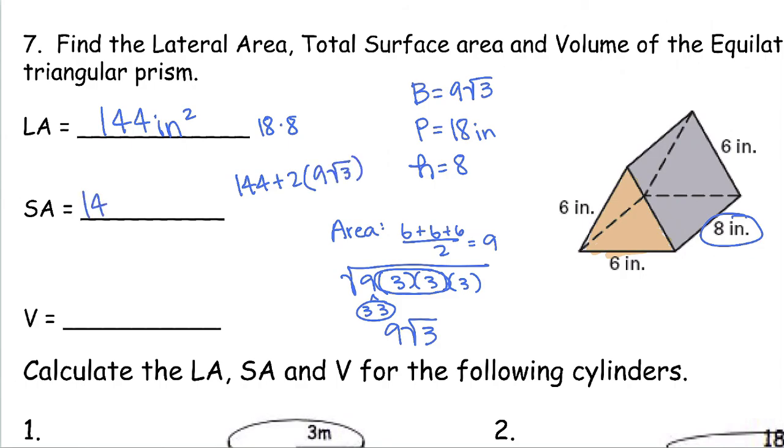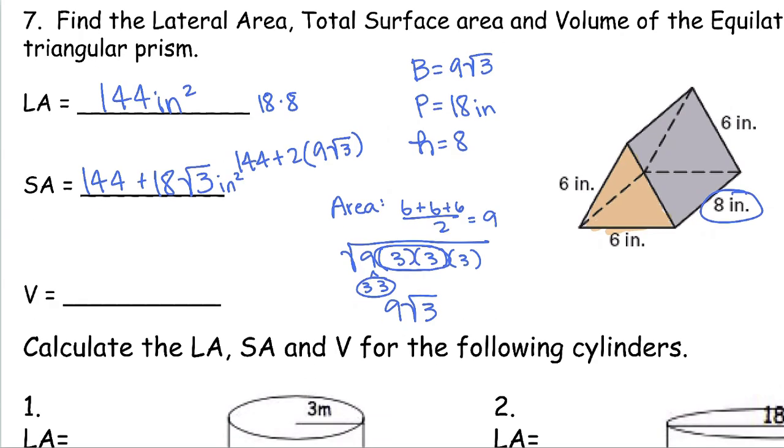So 144 plus 18 root 3 inches squared. And then for our volume, BH, so 9 root 3 times 8, which will be 72 square root 3 inches cubed.